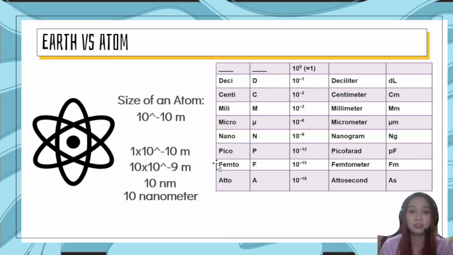Okay, n. This is all small letters ha. Okay, so this is all small letters. So, 10 nanometers. Okay, so yun yung equivalent ng 1 times 10 raised to negative 10 meters. In engineering function, we express it as 10 nanometer. Okay?